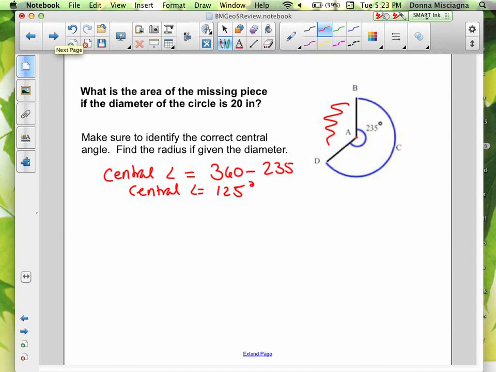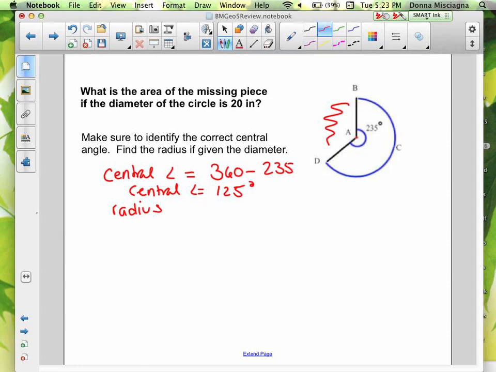And then we need to know our radius. You must use radius when working with sector area. With arc length, you can use diameter. Just remember that if you're going to use diameter, the circumference is pi diameter, or 2 pi r. But with area, you've got to use the radius.